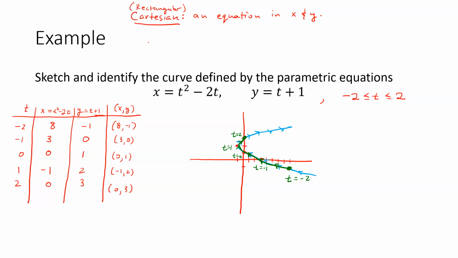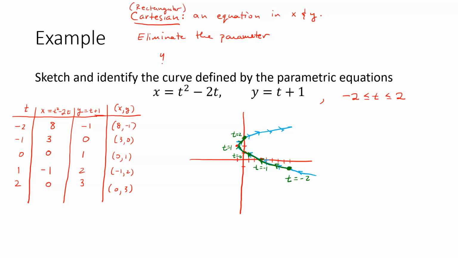So the process that we can do is something called eliminating the parameter. One way to do that is to try and combine these two equations together by removing the parameter t from the equations.